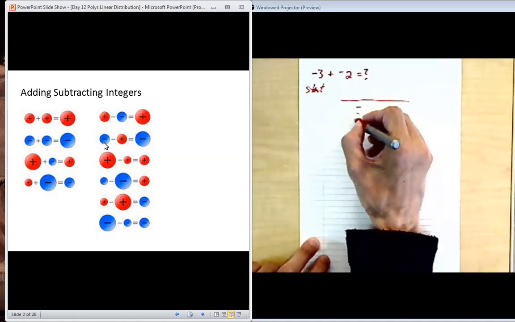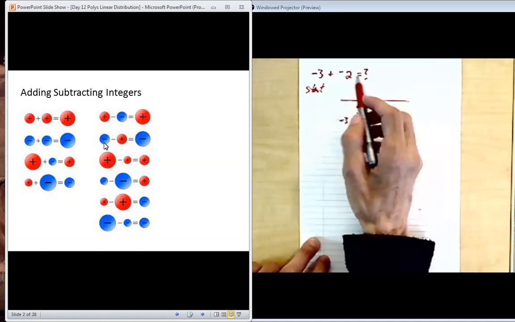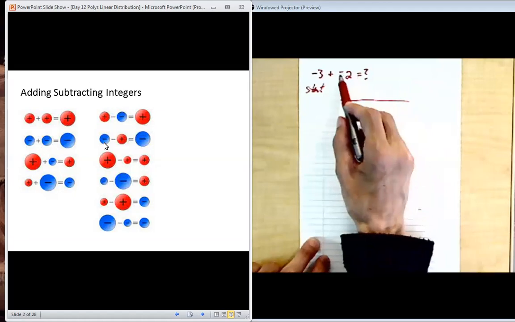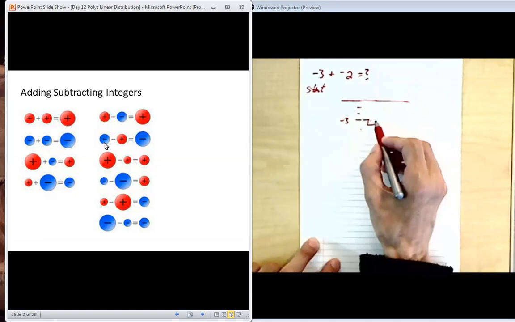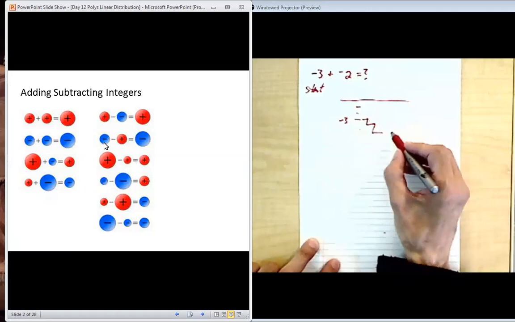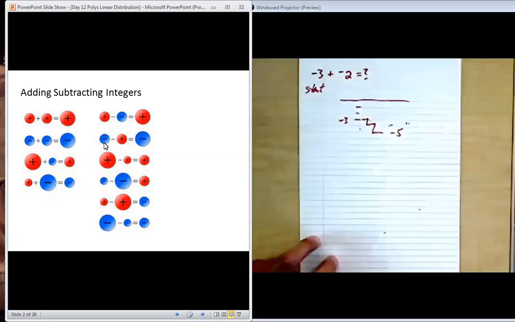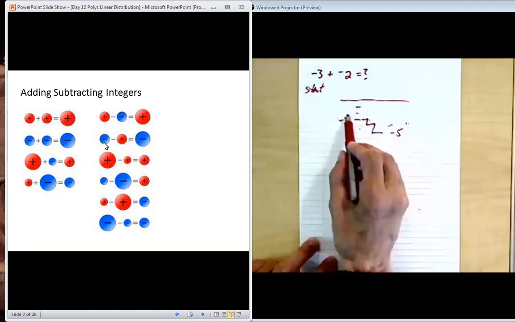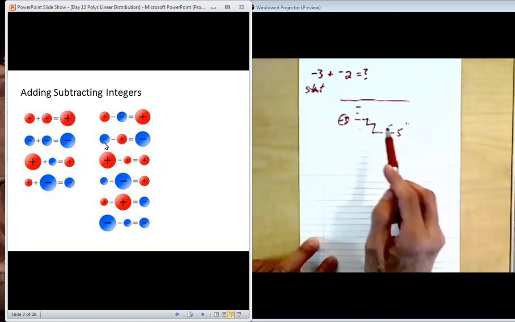We start here at -3. And then we're going to go down by 2. So we go down by 1, down 1 more. And where are we now? -5 indeed. Okay, we start here, go down by 2, and there we are.